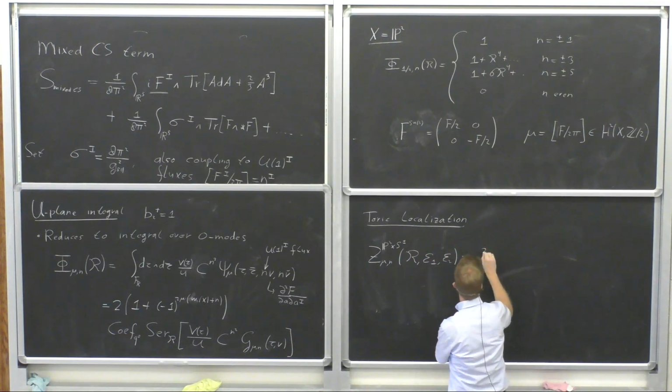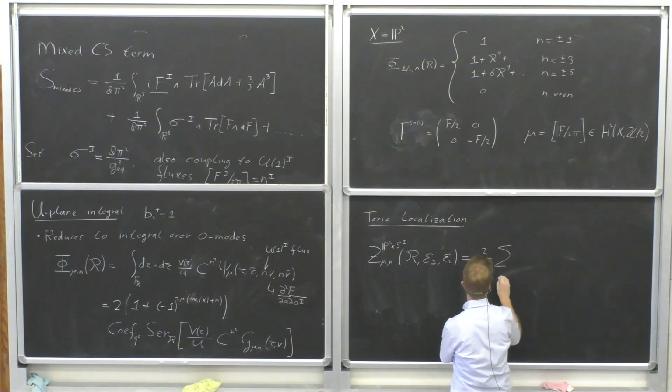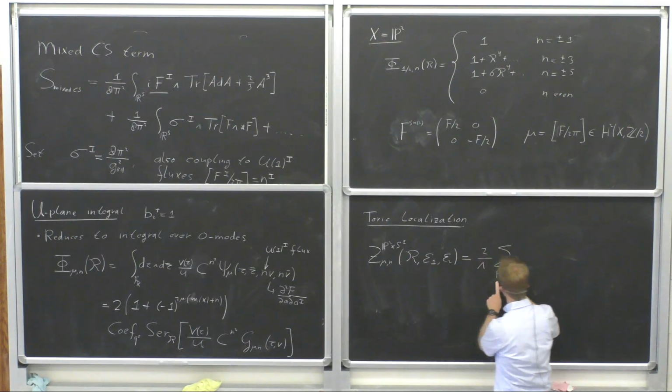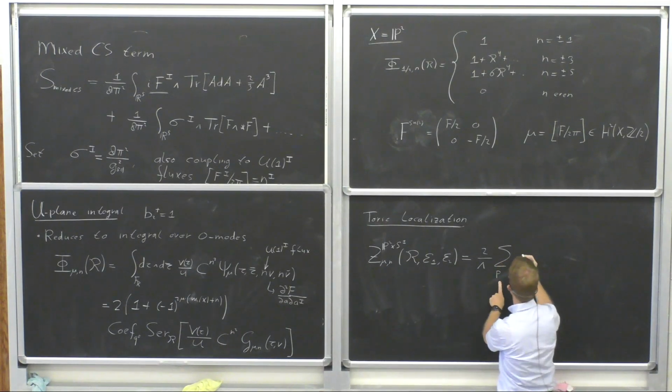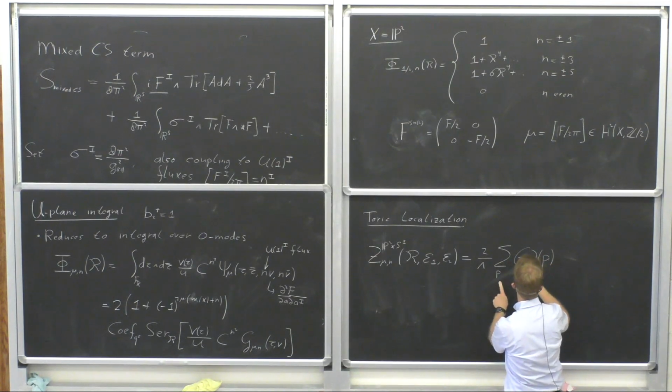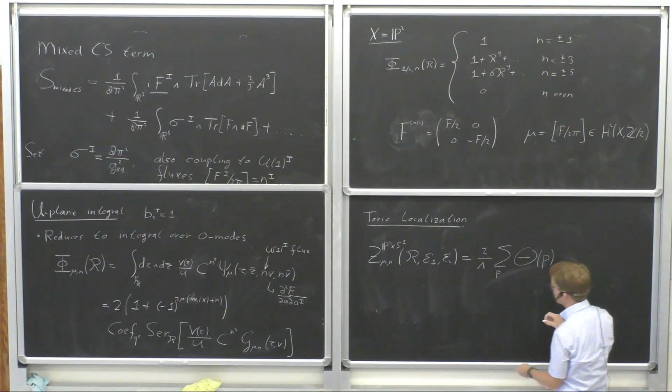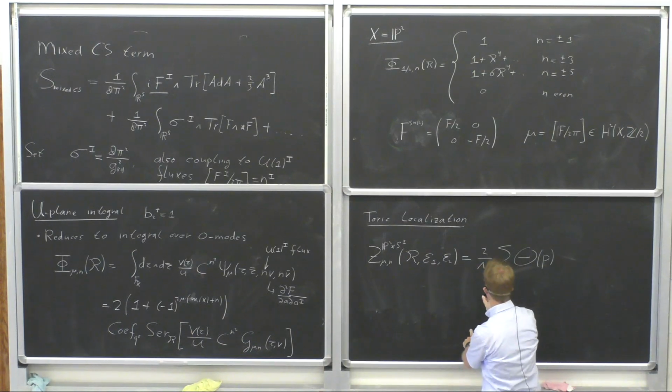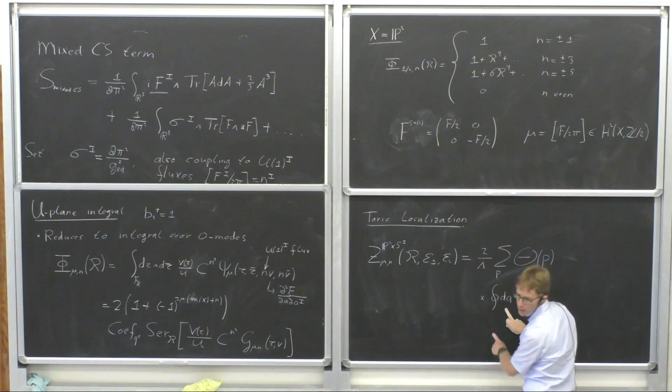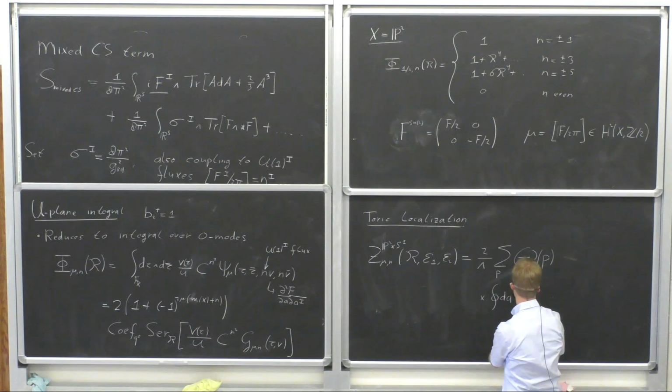It takes the form of some normalization. We get a sum over 3-tuples P corresponding to the fixed points in the instanton moduli space. We can let them contribute with some big theta, which is 0 or 1, times some contour integral over the A coordinate and the product of Nekrasov partition functions.